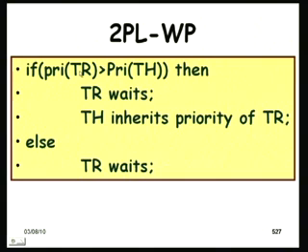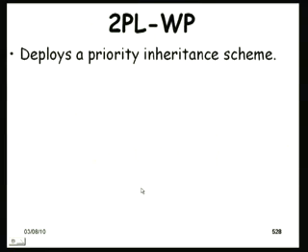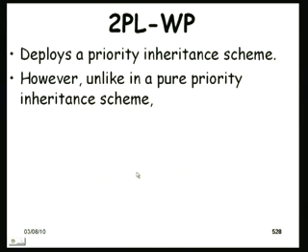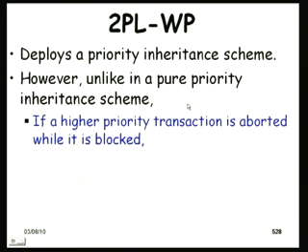But if the priority of TR is less, then nothing happens, it just continues to wait. So, as we can see, the 2PL-WP, where WP stands for wait promote, employs an inheritance scheme.